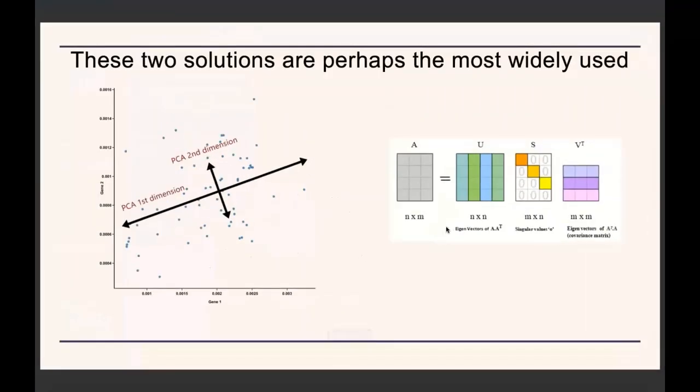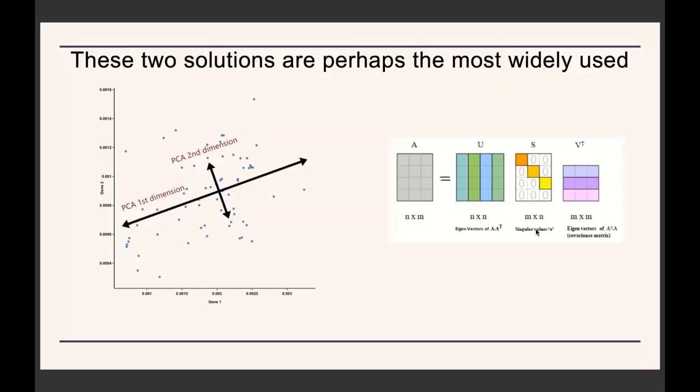On the screen, on the right hand side, if you look at it, you have an original matrix n cross m, and you decompose your matrix like this: n cross n, which is the eigenvector matrix, and m cross n, which is the singular values.